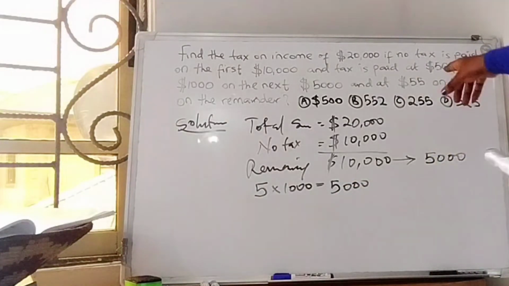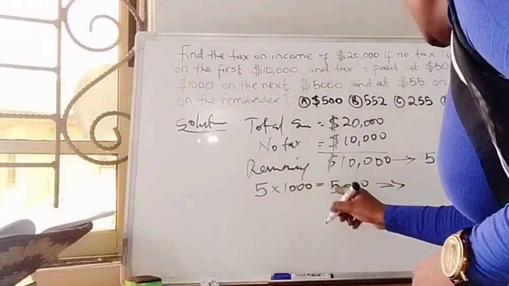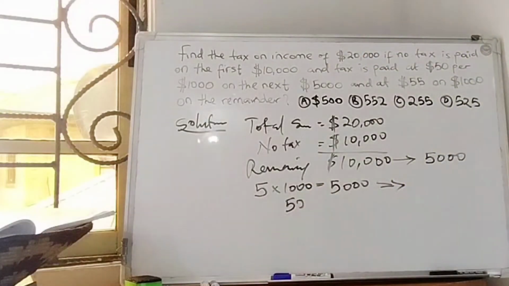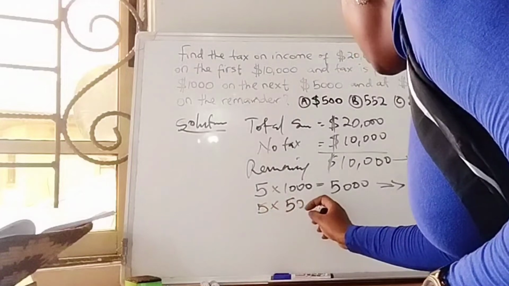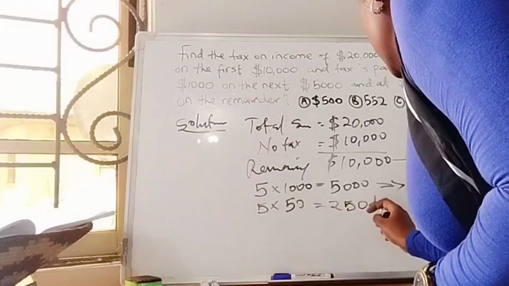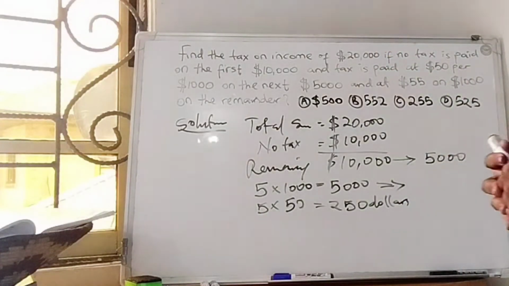Okay. So 50 per 1,000 means for each 1,000 we paid $50. Therefore, for the 5 1,000s, we will pay $250. That's for the first part of the paid tax.